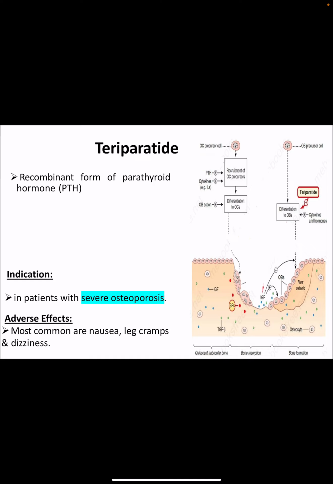If you give teriparatide, they give it subcutaneously once a day, okay? They give it intermittently, it's not continuous, and in small doses, this is what's making the effect go on the osteoblast activity and increase the osteoblast activity.